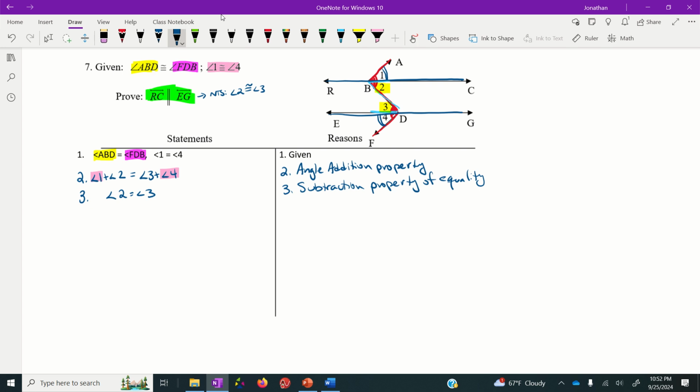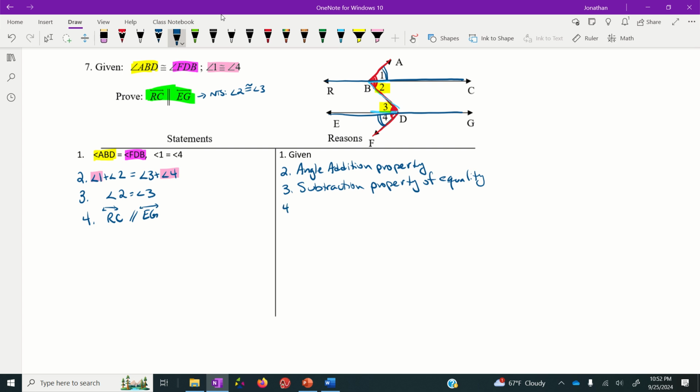This is a concept we were working on the last time we did proofs: when you get two things equal to the same amount, you set them equal to each other and then subtract away the part that's equal. Sometimes the thing that's equal isn't the same amount, but it's something that's equal to each other. Now that we have angles 2 and 3 equal, which is what we wanted to show, we can say that lines RC and EG are parallel.